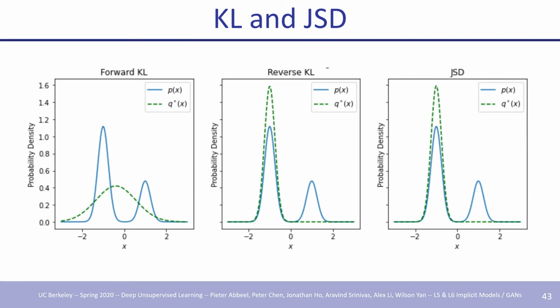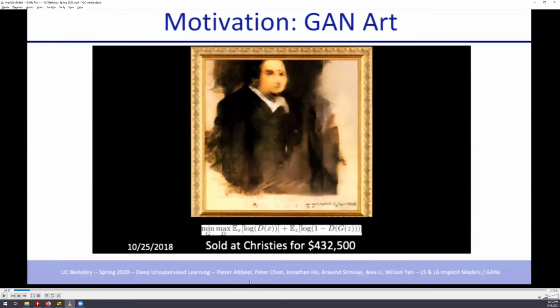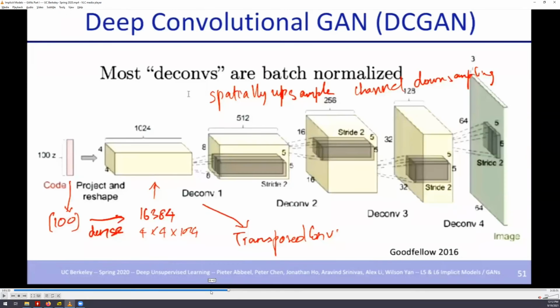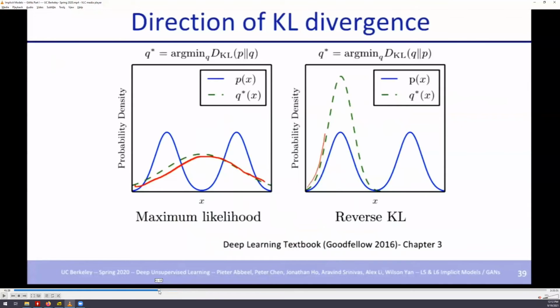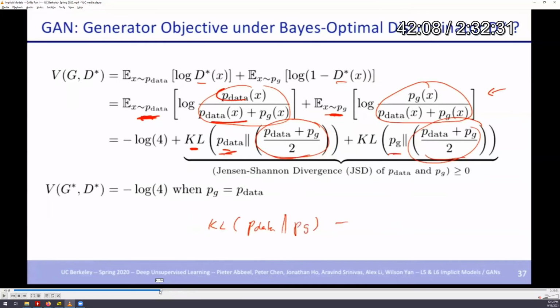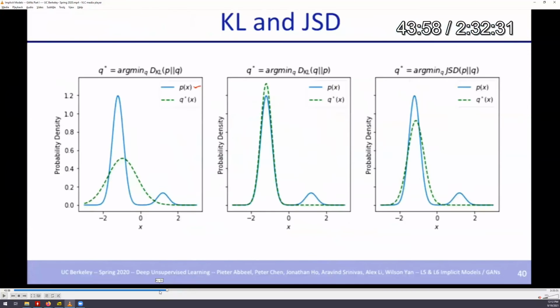JSD is not exactly reverse KL, even though this slide shows it to be exactly the same. So something happened here, because in the lecture they have different images. I'll go back to this one.